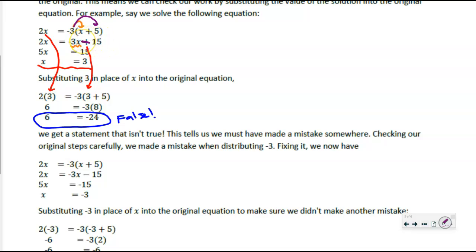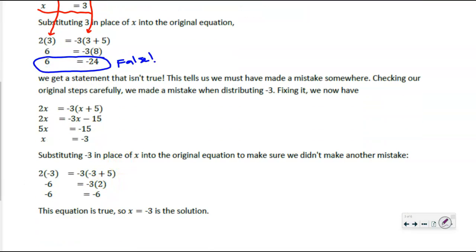It is going to be -15. Redoing that step, I can see here is my new correct equation. Now, when I add 3x to each side, I'll still get 5x, but now I'm going to be left with not just 15, but -15. I continue to solve, and now I have x is equal to -3.